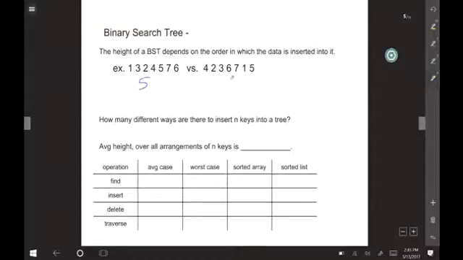Yeah. So these two data sets that are the same gave us completely different tree heights. Now, how many different ways can you arrange n pieces of data?